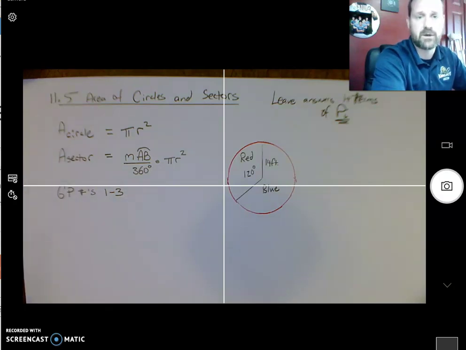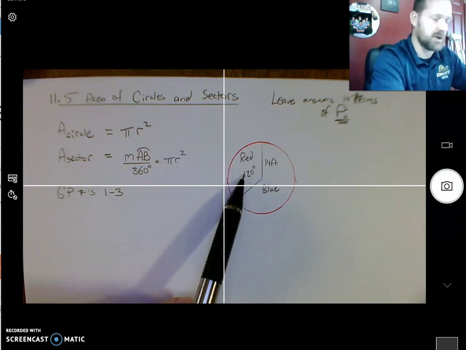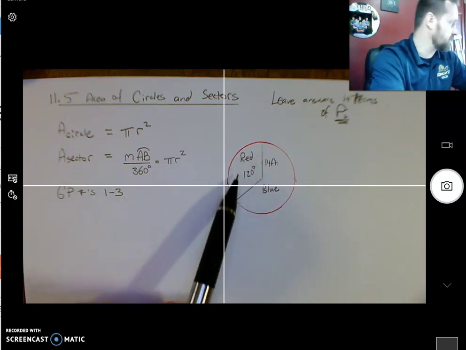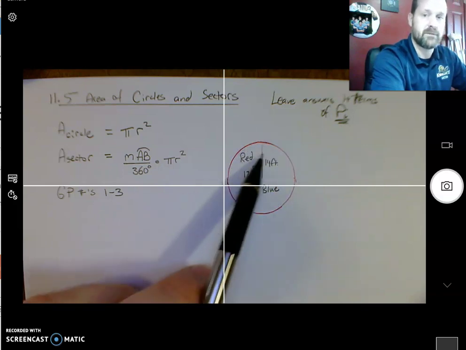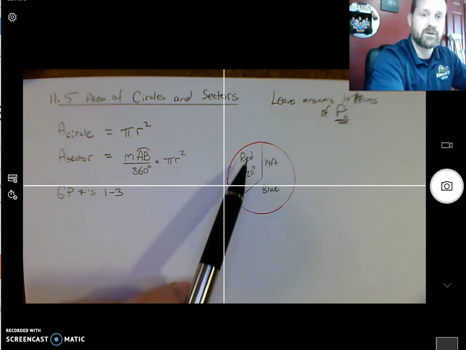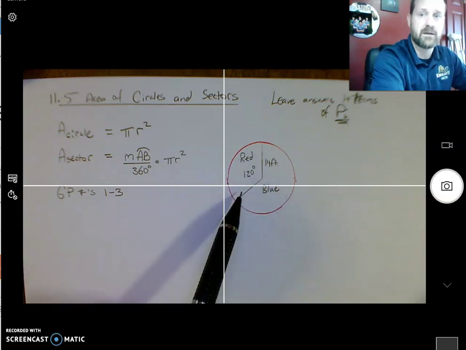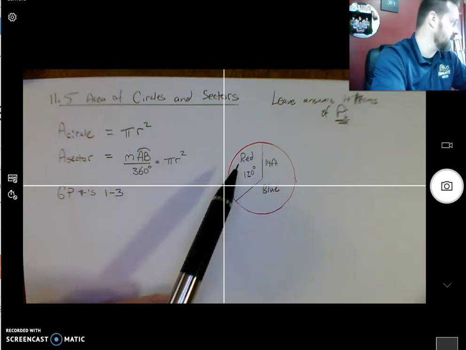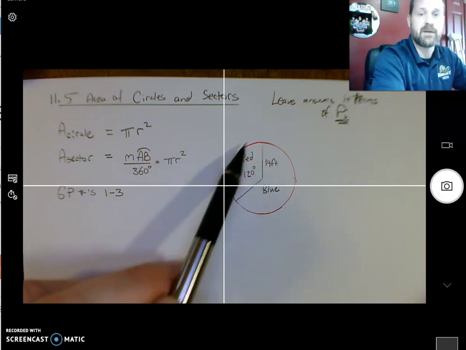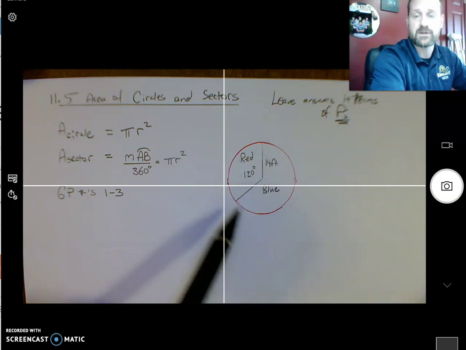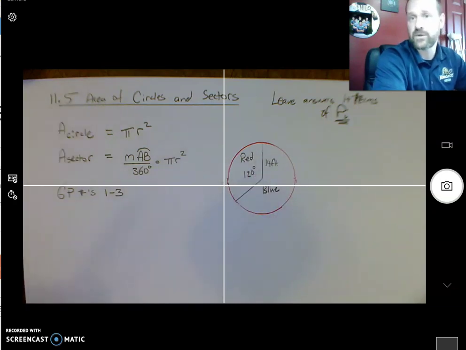So again, using proportionality, area of the sector divided by the area of the big circle, so area small divided by area big, equals the measurement of the angle of the sector divided by the measurement of a circle, which is 360 degrees. We know that. I know we didn't cover circles, but this is bare bones and pretty straightforward.